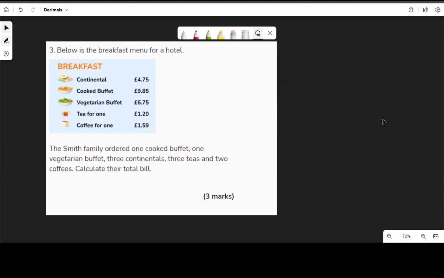And coffee for 1.59. The Smith family ordered 1 cooked buffet, 1 vegetarian buffet, 3 continentals, 3 teas, and 2 coffees. Calculate their total bill.